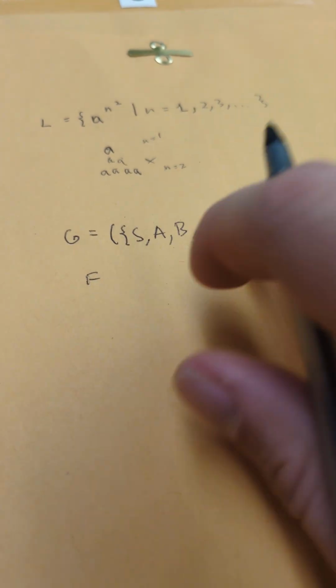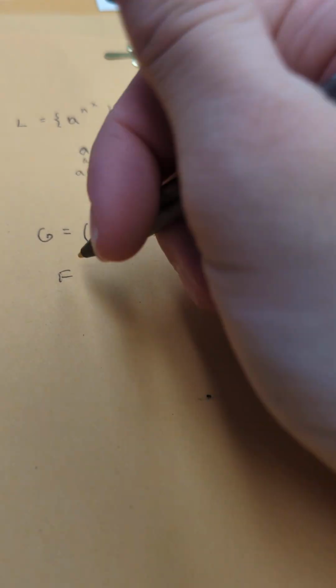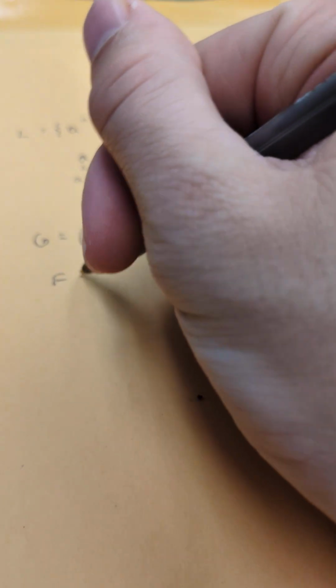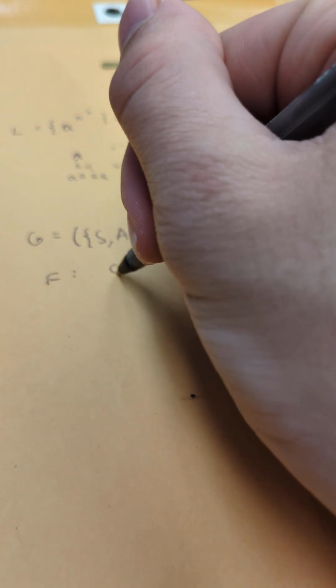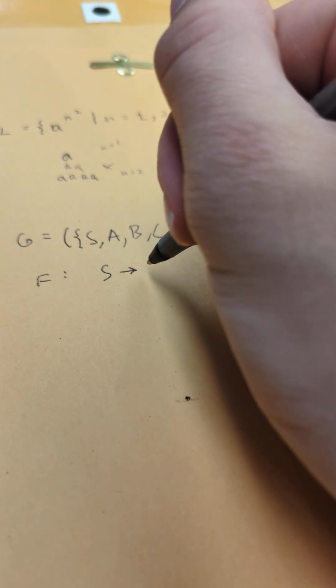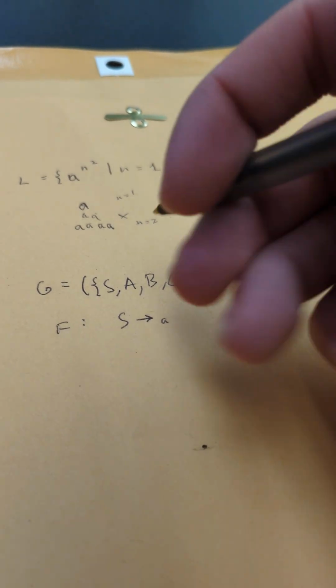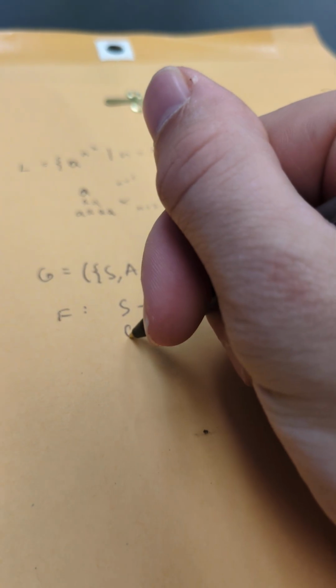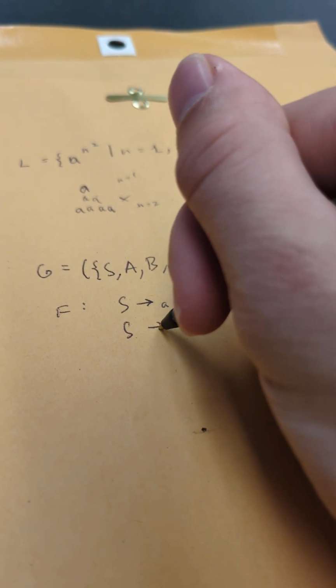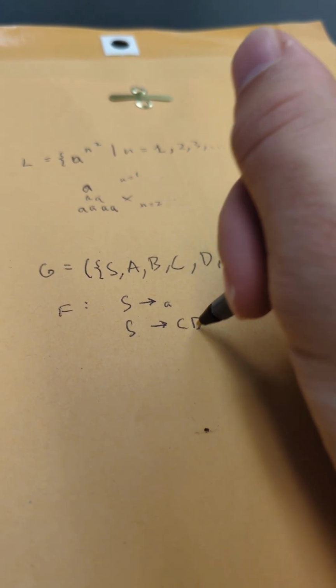So F consists of the following rules. So first, to get away from the start, we have S can go directly to our little a, right? And that is our first case, right? Or it can go, and a bit more interestingly, to C followed by D, right?